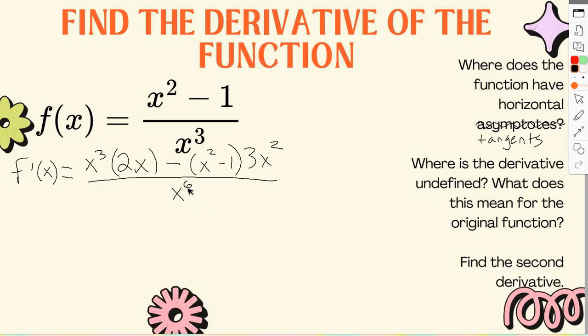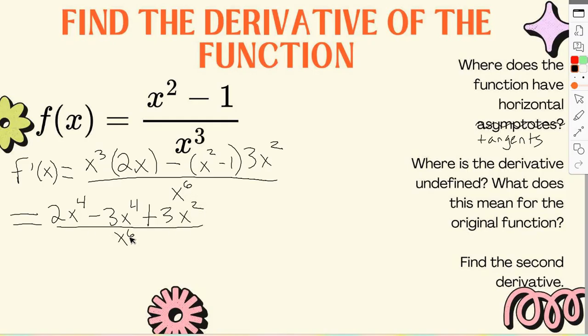Now remember, if it just asked for our quotient rule, we could just stop there. However, since we're going to be doing some stuff with it, it is helpful to go ahead and simplify this. So x cubed times 2x gives us 2x to the 4th. And then we're going to distribute that. So this would become positive 3x squared.